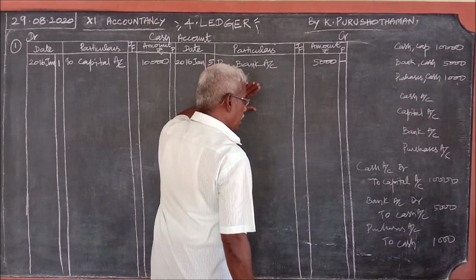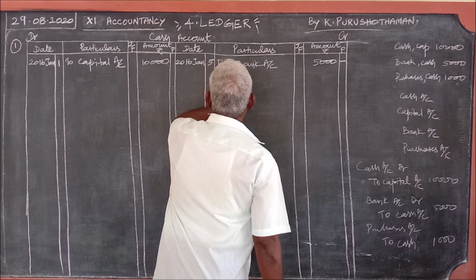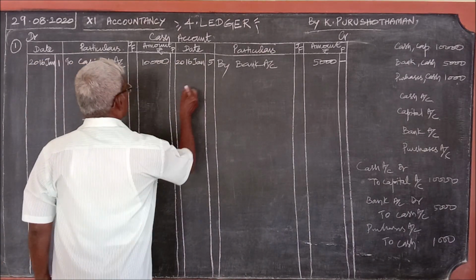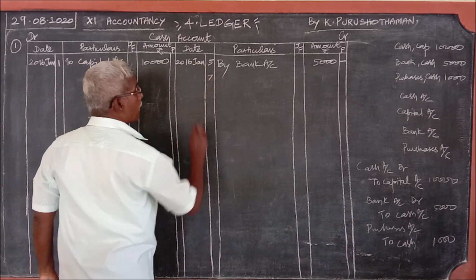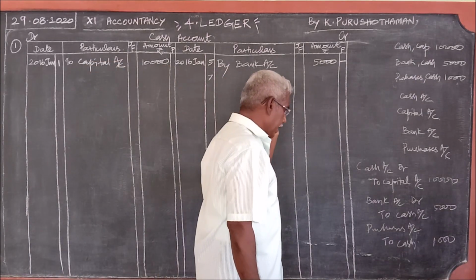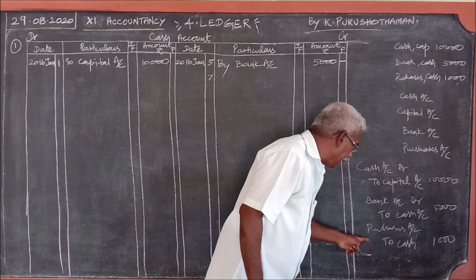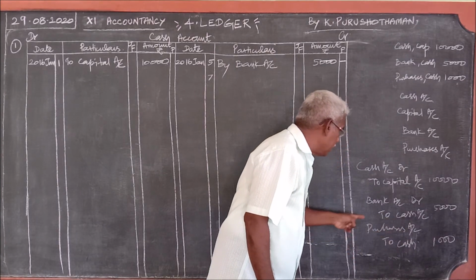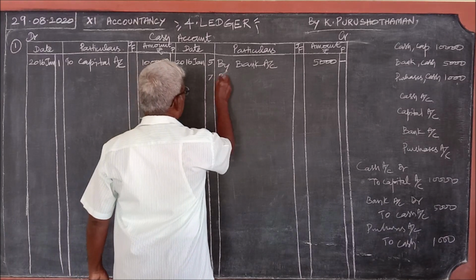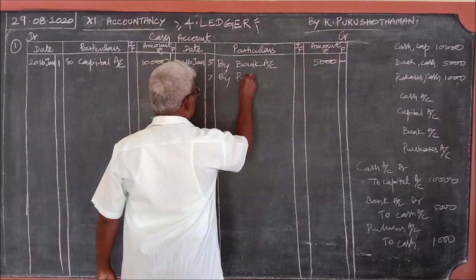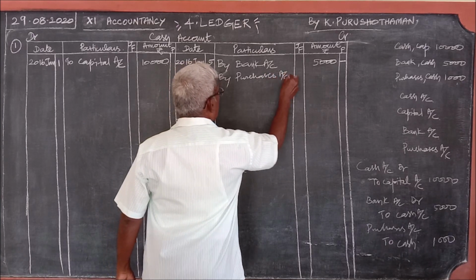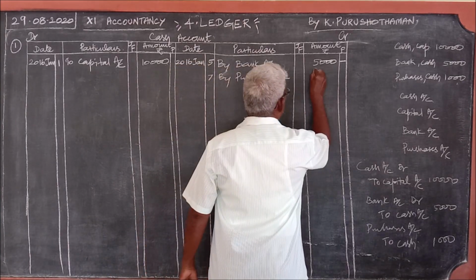Therefore, we should pass entry on the credit side only. The date for this is 7th. Credit side only we should make the posting, but instead of this cash, what we should write? Purchases account we should write. Therefore, by purchases account, it is 1,000.